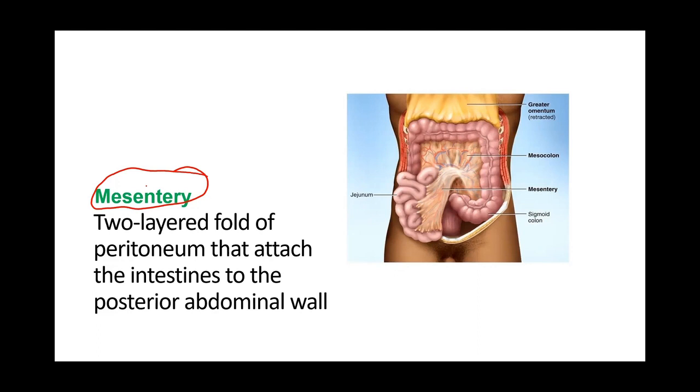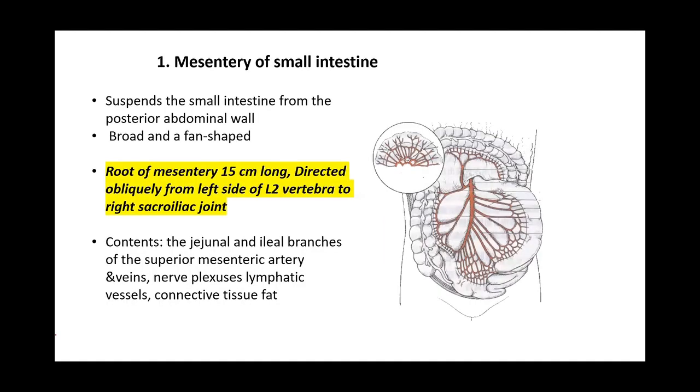The mesentery is a two-layered fold of peritoneum that attaches the intestine to the posterior abdominal wall, okay? And as we said, that of the large bowel, strictly speaking, is called mesocolon, and that of the small bowel is called mesentery.